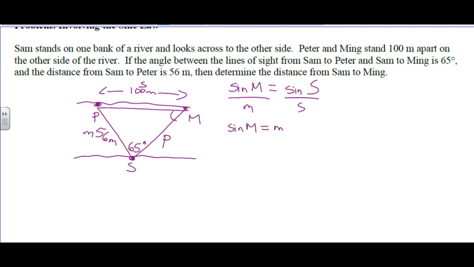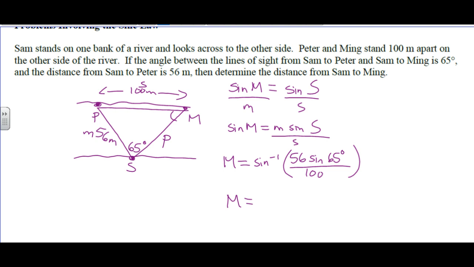Sine of M is M times the sine of angle S over little s. So M is the inverse sine of, now I'm going to fill in the numbers. So little m is 56 times the sine of 65 degrees divided by little s, which is 100.